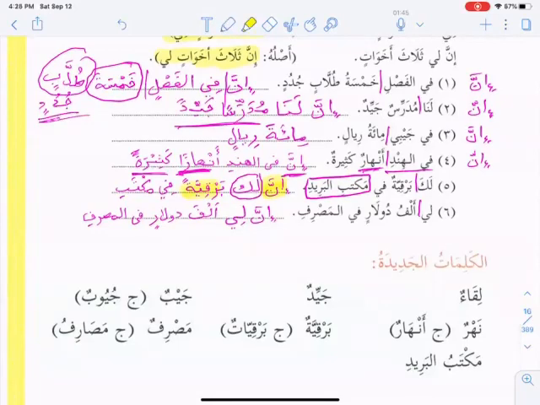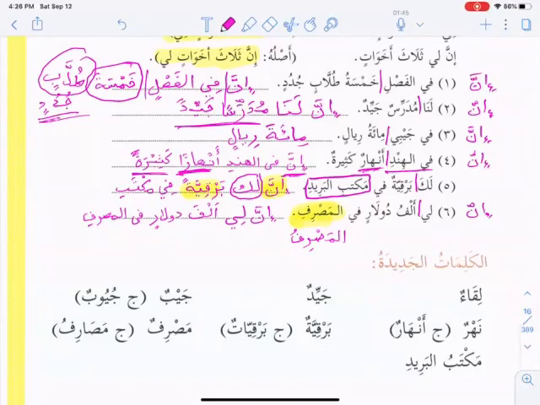What is masraf? Masrifun. Masrifun is the bank. Al masrifu, bank. Li alfu dolarin fil masrifi. Now you put inna in front. Where will the change come?